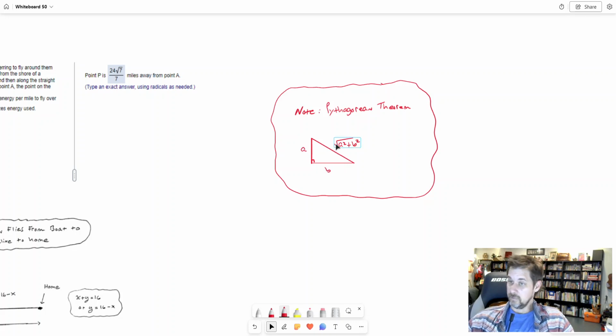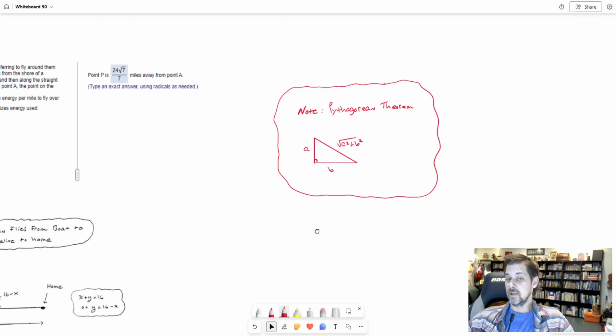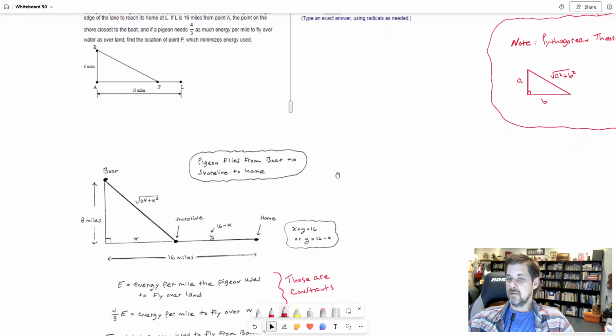So in general, we say square root of a squared plus b squared. So that's what I could use to get this side right here. It's the square root of 8 squared, which is 64, plus x squared. Okay, so now I have an expression at least for the distance from the boat to the shoreline.